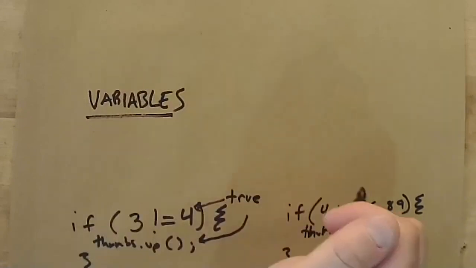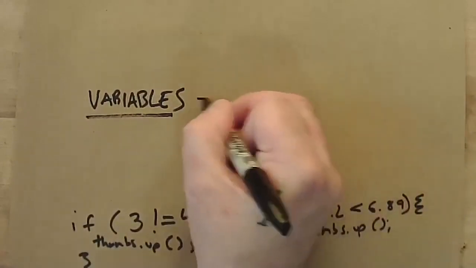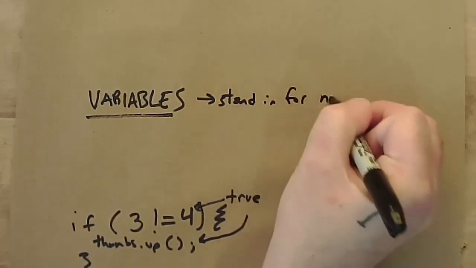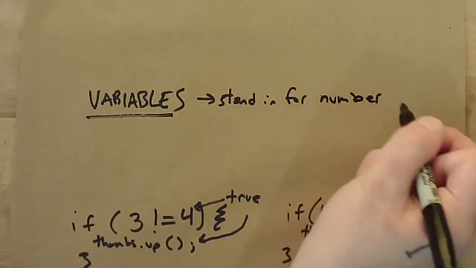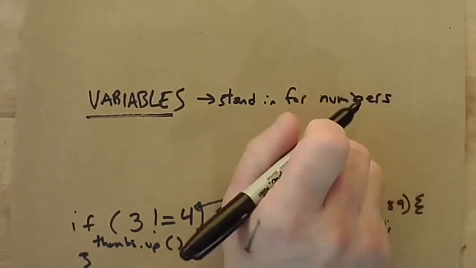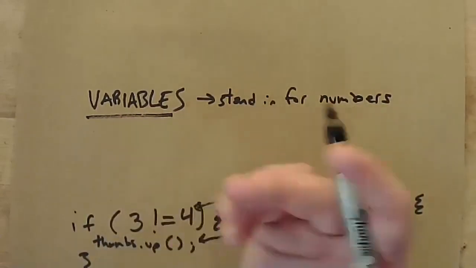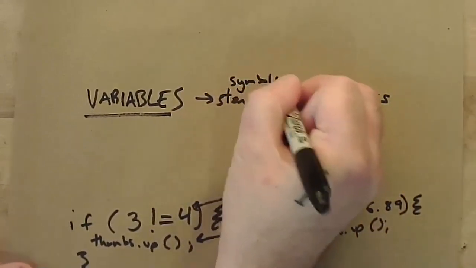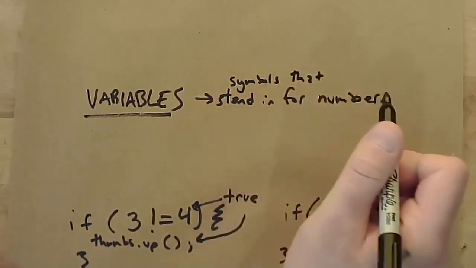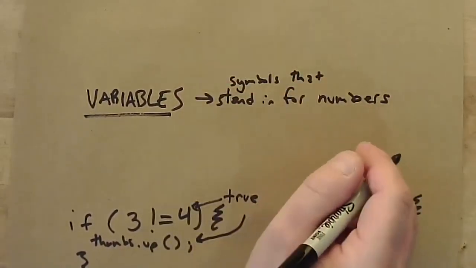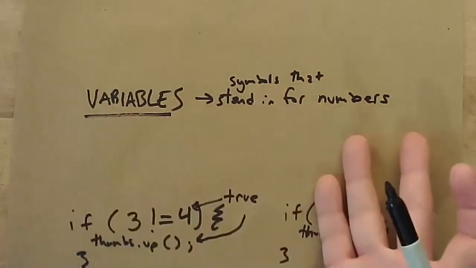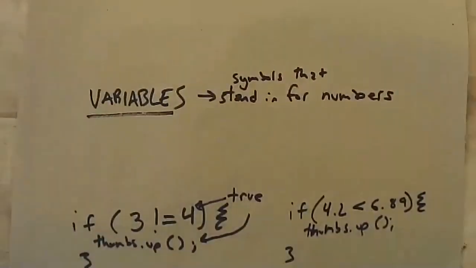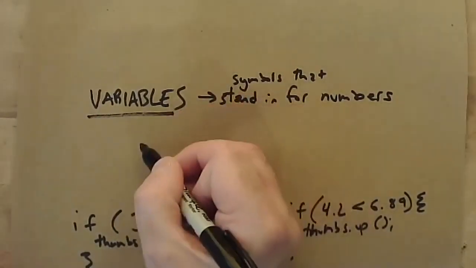So variables are stand-ins for numbers, right? In mathematics, we use variables as symbols that stand in for numbers. Symbols that stand in for numbers. So like just looking at some formula that you may be familiar with, or not even a formula, but like a line equation, right?